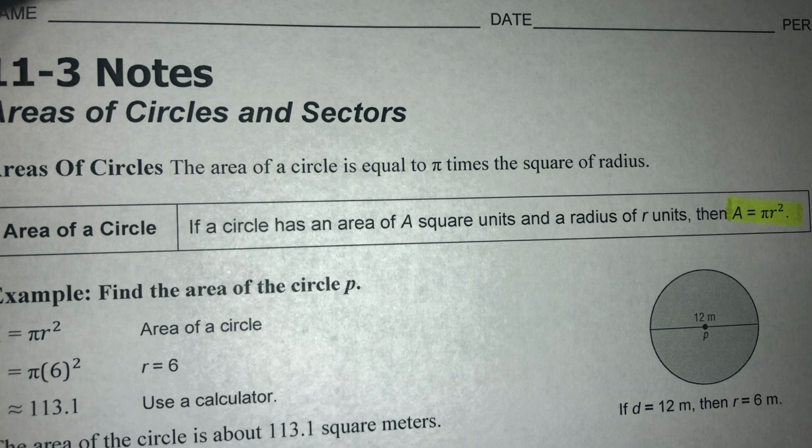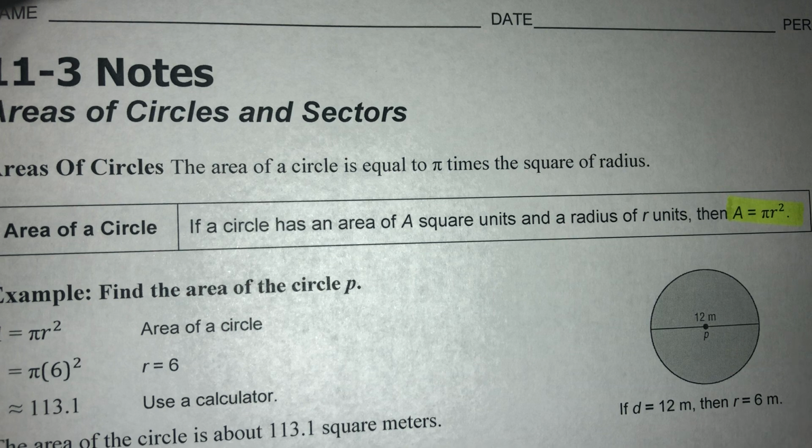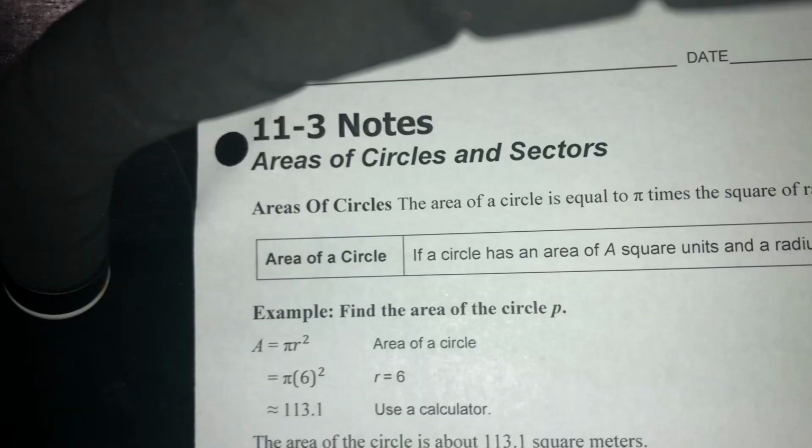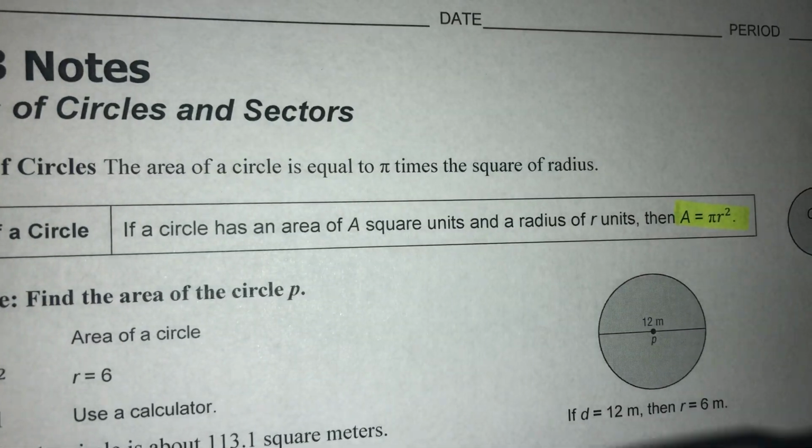So what that means is to find the area, which is the amount of square units inside of the circle, like the shaded portion of the circle, we take the number pi, which you may have approximated as 3.14 in the past, but we would probably do better using a few more digits for accuracy.